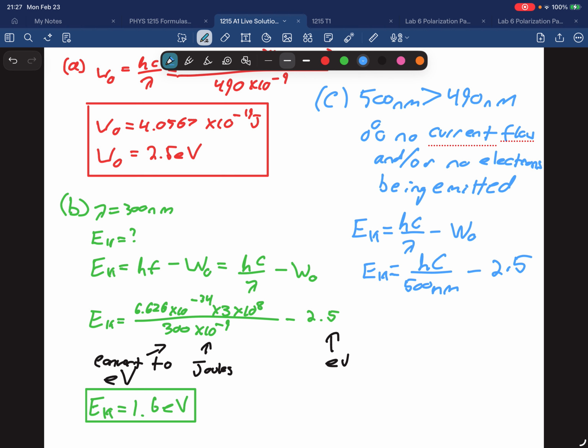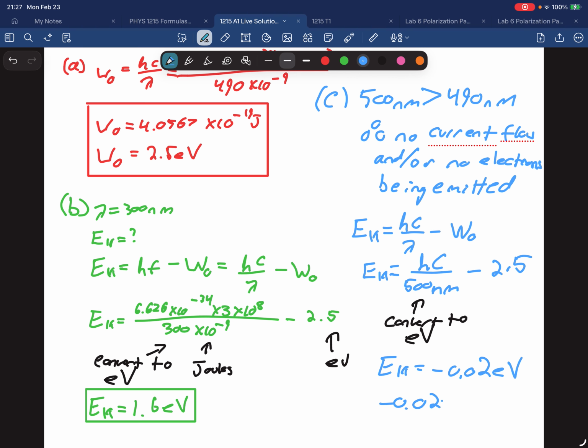Again, converting this, and the kinetic energy for this one will be negative 0.02 electron volts.